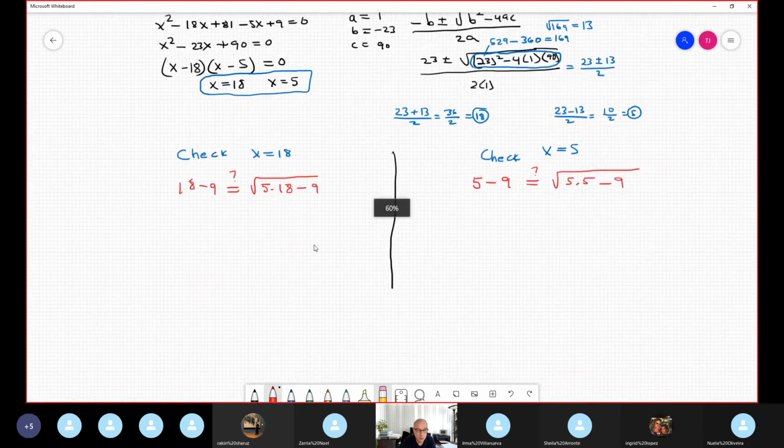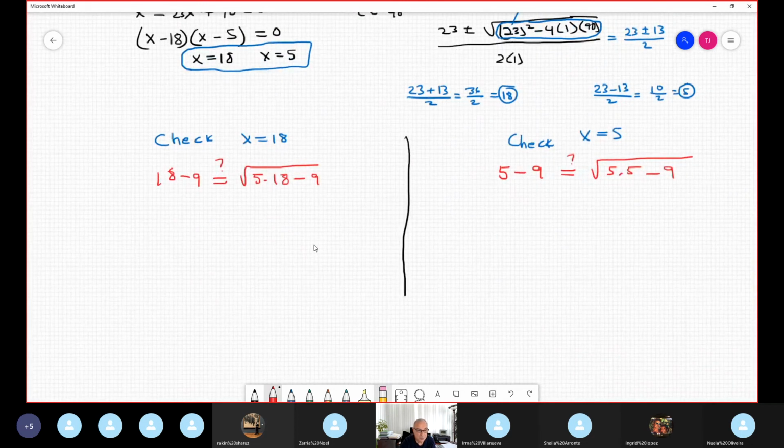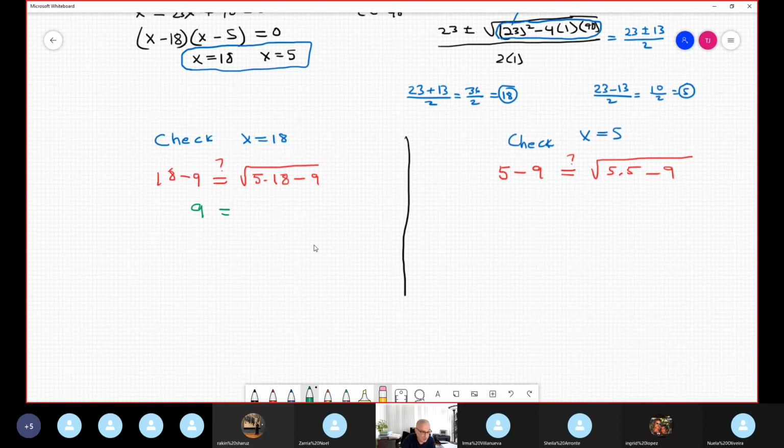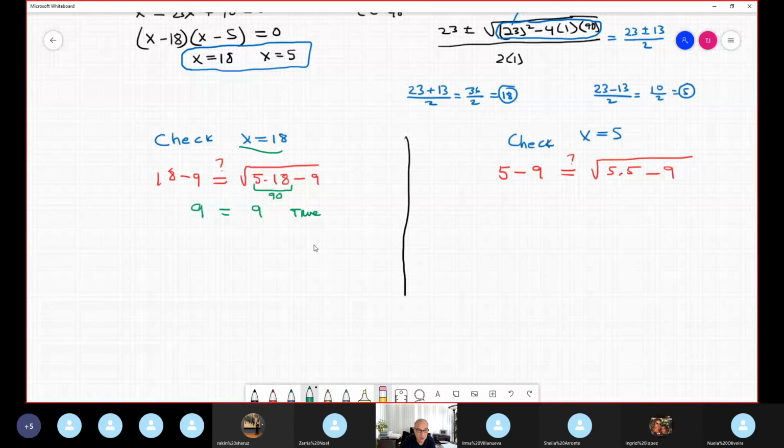Let me zoom. This is 9. Let me try to compute this. 18 times 5 is 90. 90 minus 9 is 81. And square root of 81 is 9. Wow, it's true. That means that the solution 18 is good.